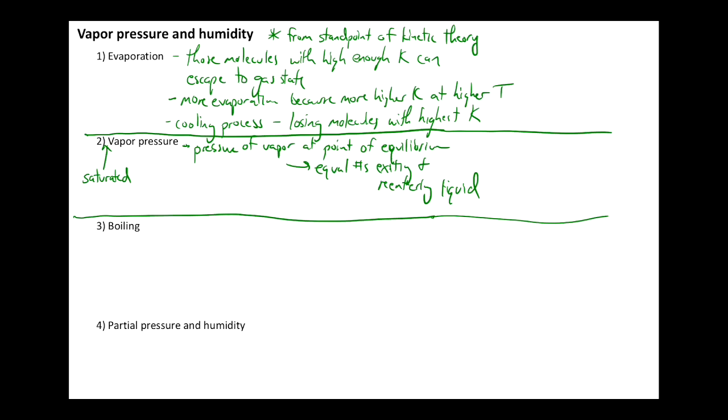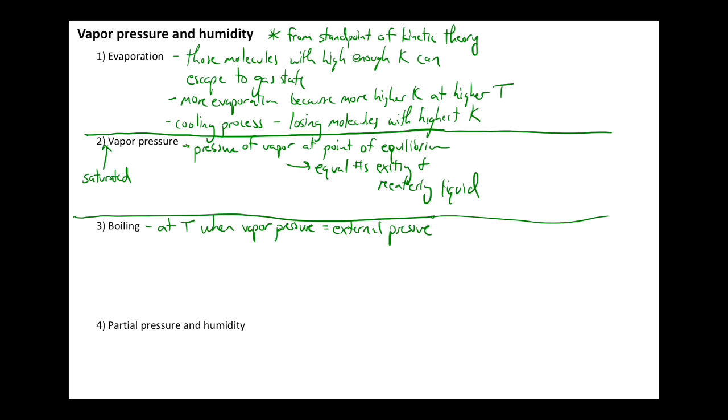Which brings us to boiling. We all know what boiling is: the transition from a liquid to a gaseous state of a fluid. We could say that this happens at the temperature when the vapor pressure equals the external pressure.